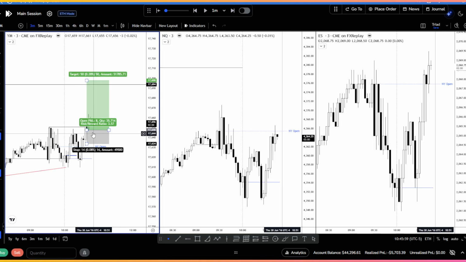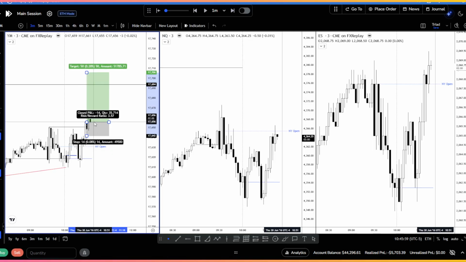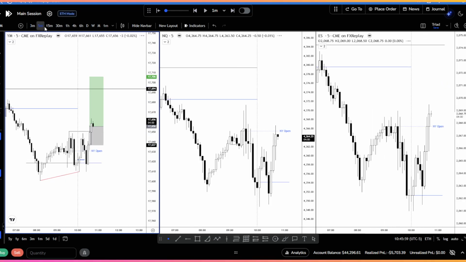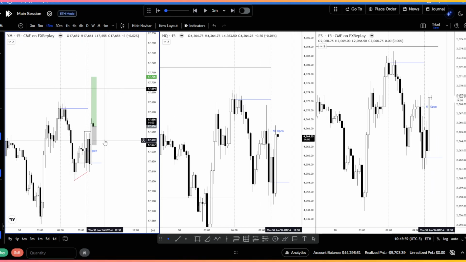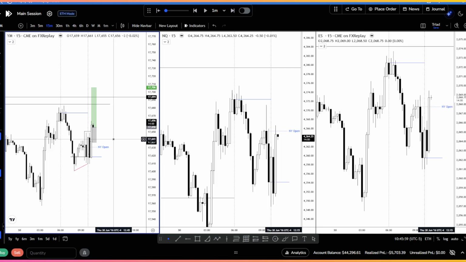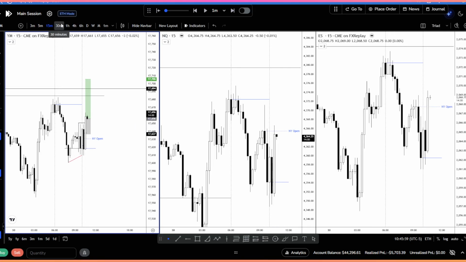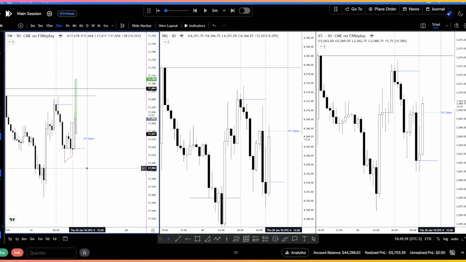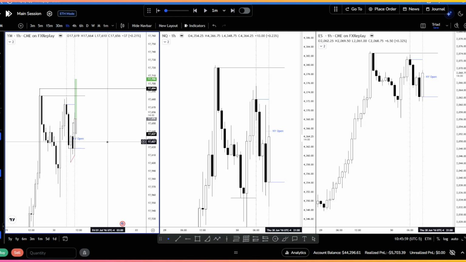And then it just starts ripping to the upside. Let me just look at everything now. No gap to be filled, clean, failing to manipulate, 15-minute CSD, 30-minute C2, C3, and hourly expansion candle.